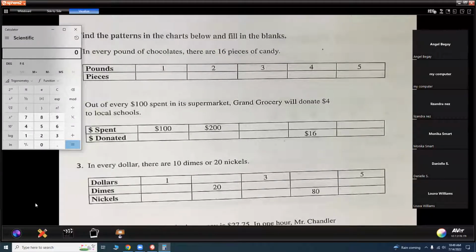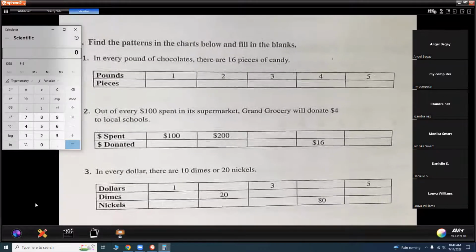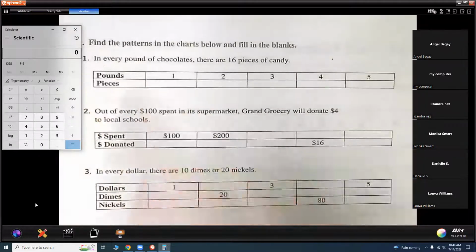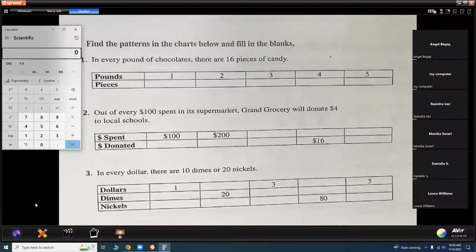All right, let's go ahead and look at these ones. Hopefully everyone's just kind of seeing how this works. And once again, the ratio is the same, even though the numbers are changing. So in every pound of chocolates, there's 16 pieces of candy.